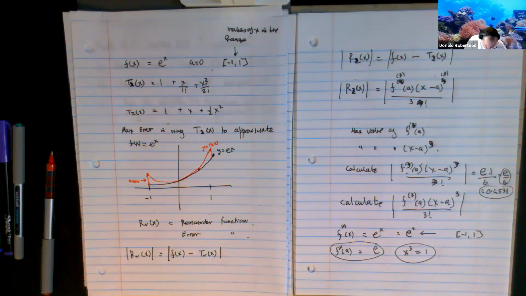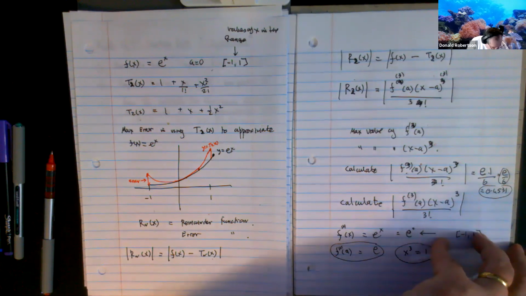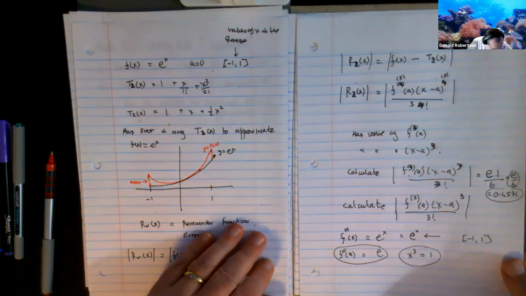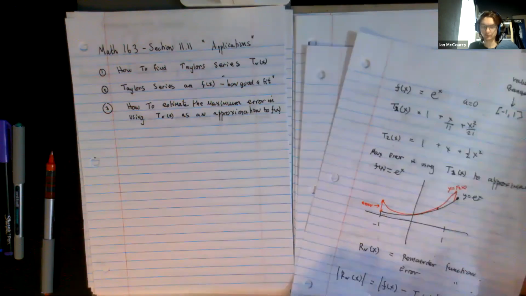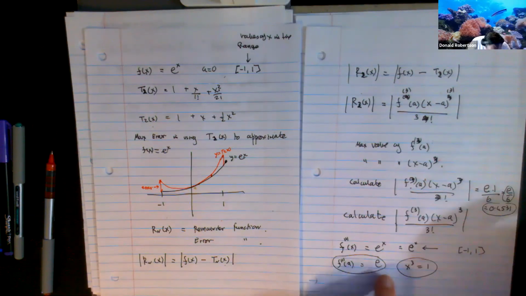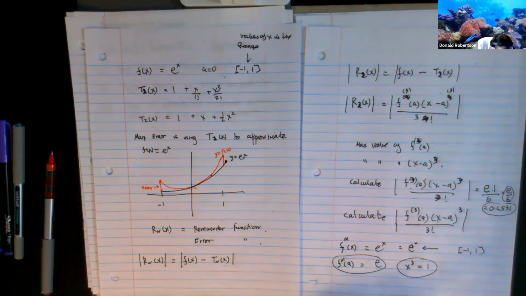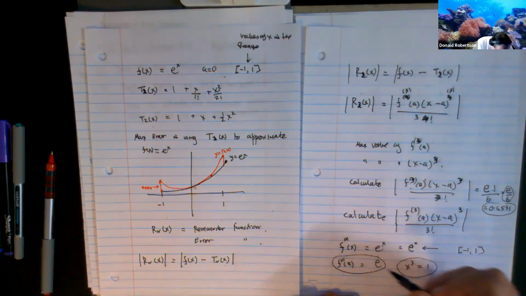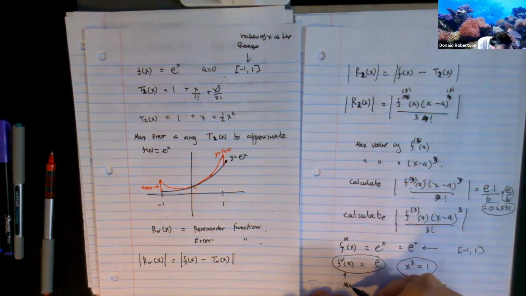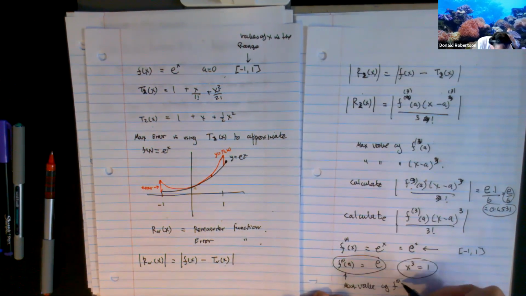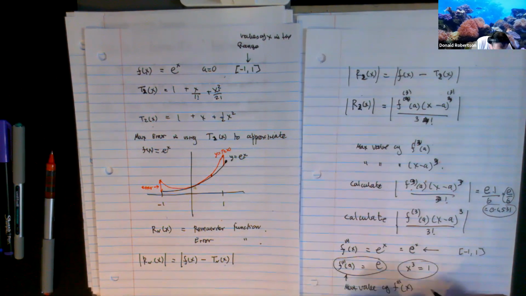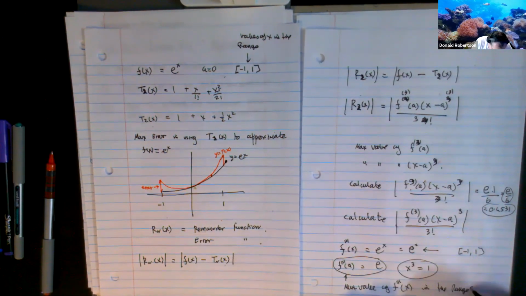Did you plug in 1 for a? Did I plug in 1 for a? I'm confused. No, technically, f triple dash of a is a placeholder. It just means the maximum value of f triple dashed of x in the range -1 to 1.